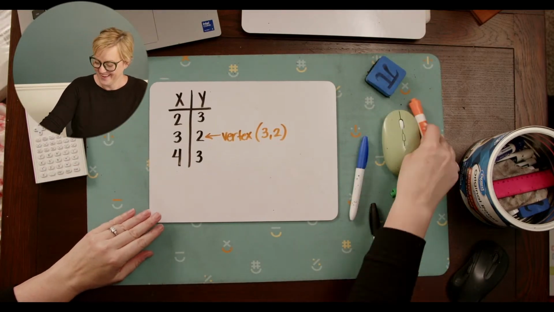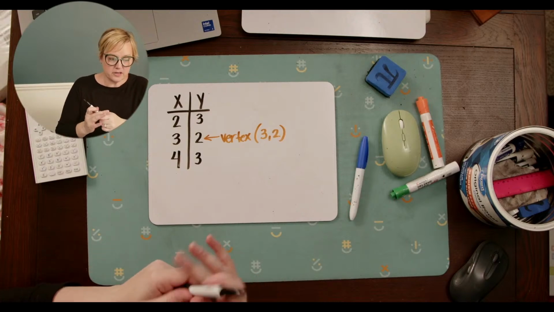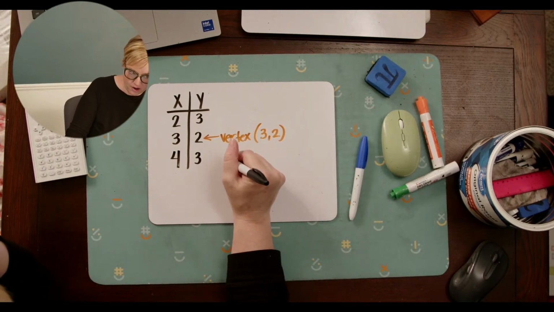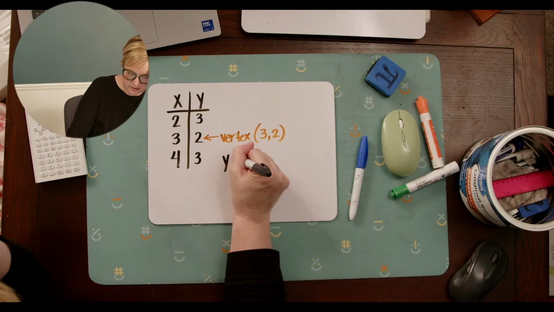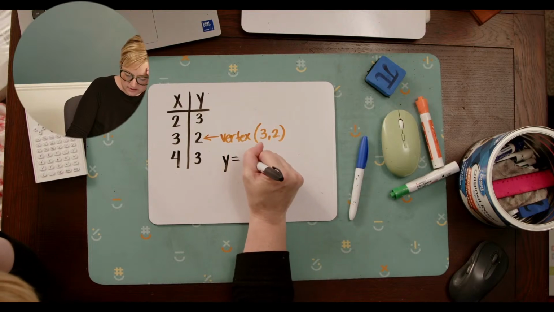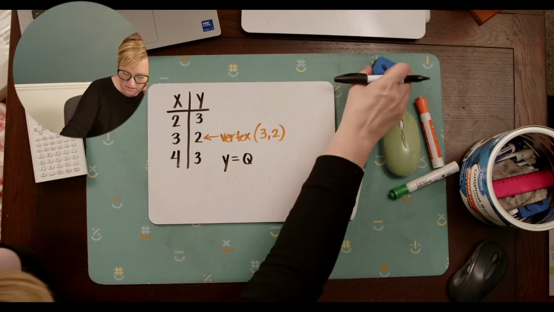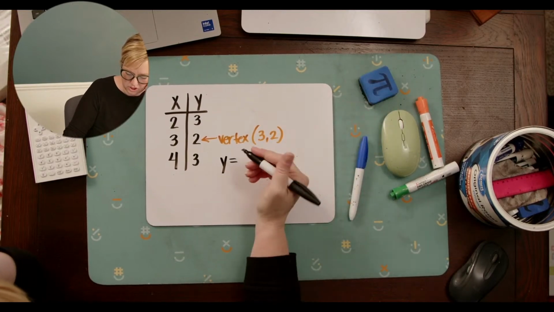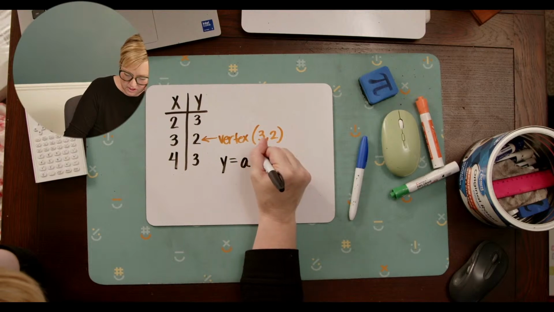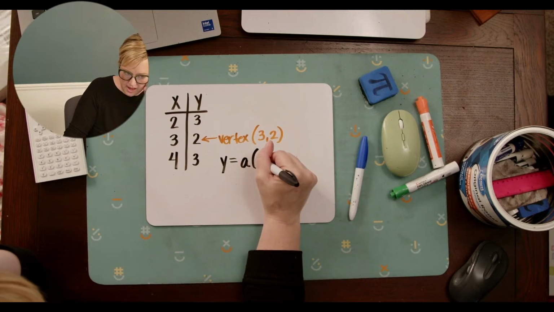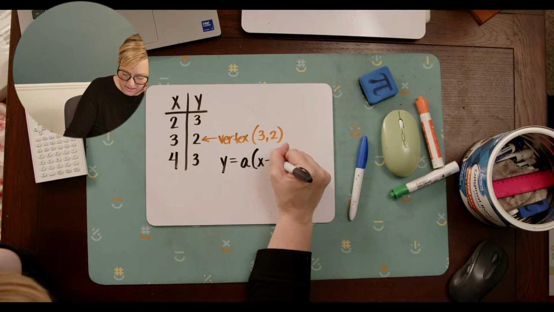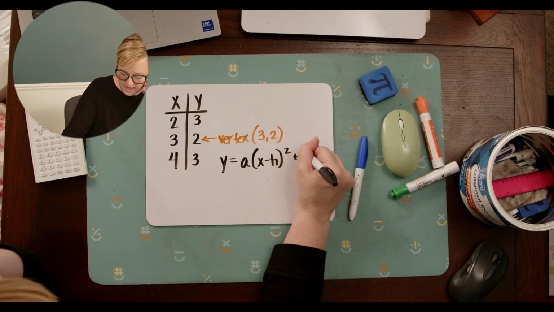All right, so the vertex form of a quadratic equation is y equals, I always called it A. I'm going to call it A, not Q. I'm not sure if I've ever seen it as Q. It's A times x minus h squared plus k.